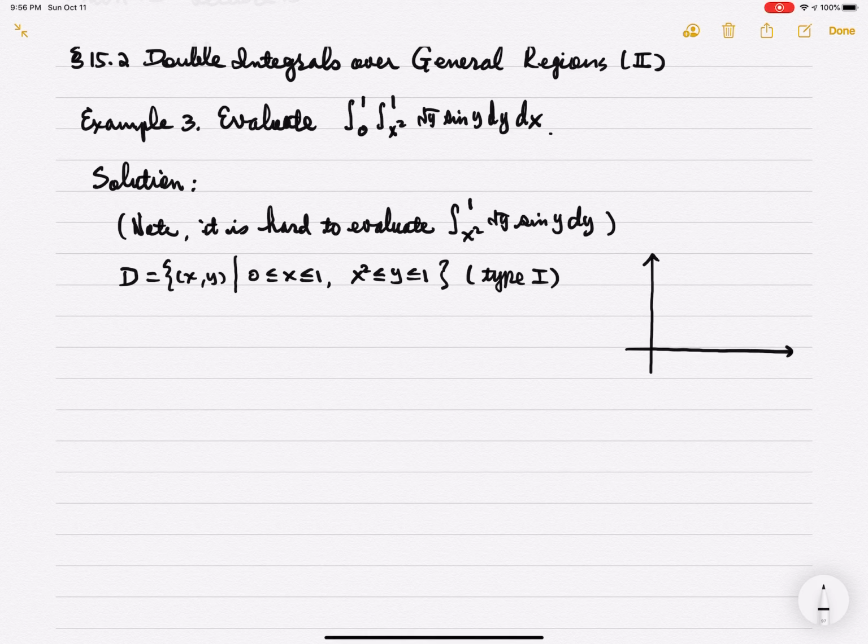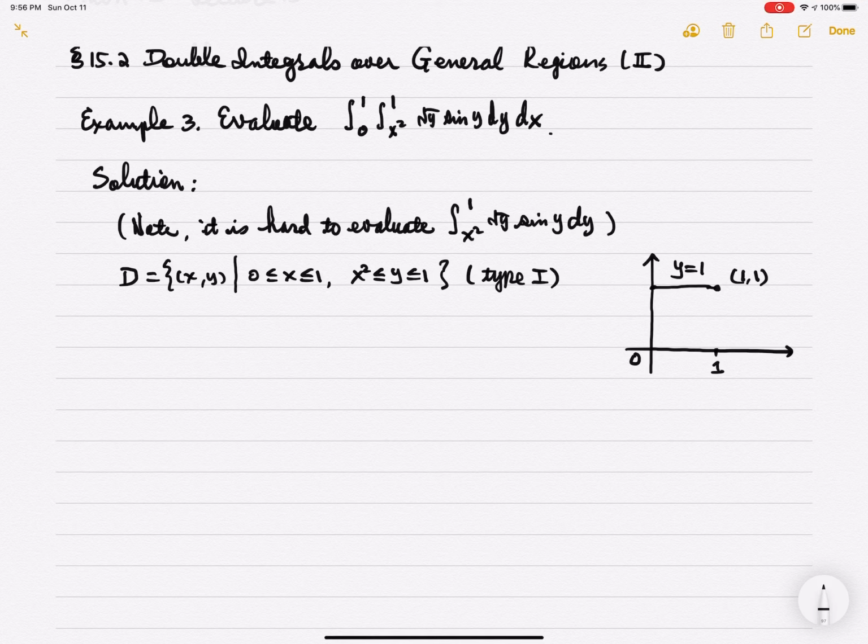Now suppose here is (1, 1). x changes from 0 to 1, so here is the origin, here is 1. Now y changes from x squared to 1. So this is y equal to 1. Now y equal to x squared is a parabola.